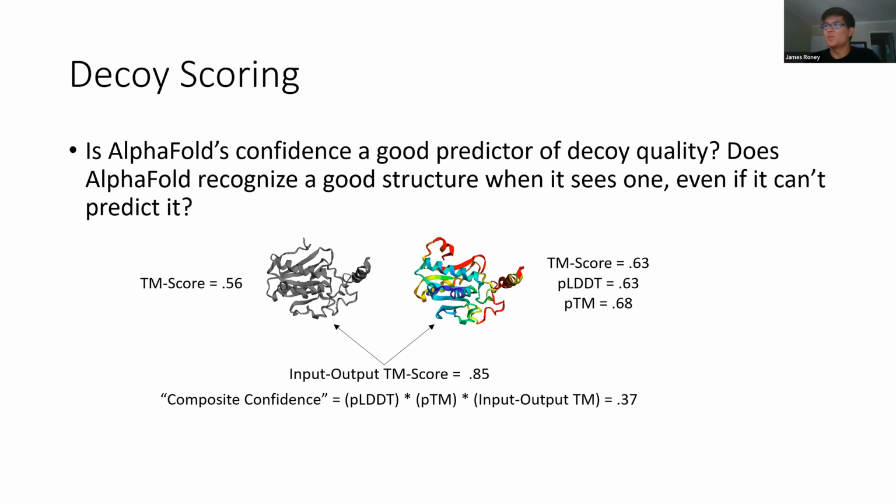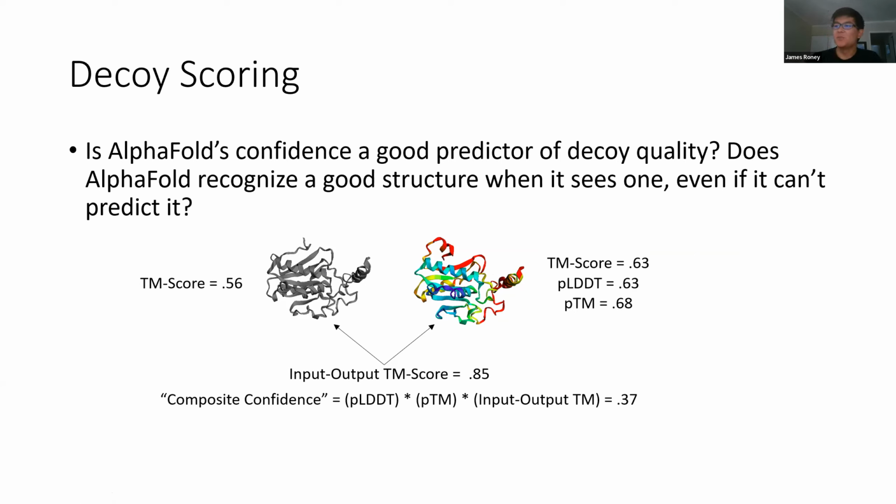So the question is whether AlphaFold can recognize a good structure when it sees one, even if it can't predict that structure from scratch. To test this hypothesis, we want to use AlphaFold's confidence outputs to see if we can predict the quality of that input structure without using any MSA inputs.